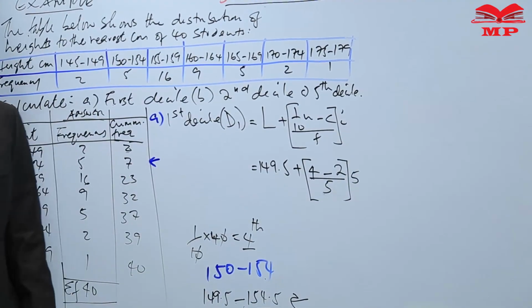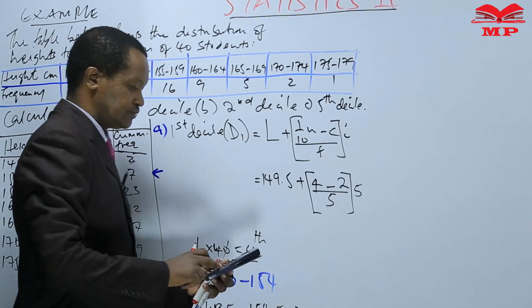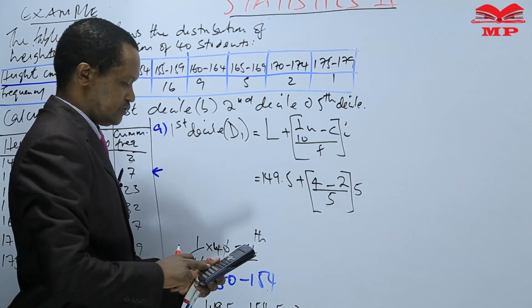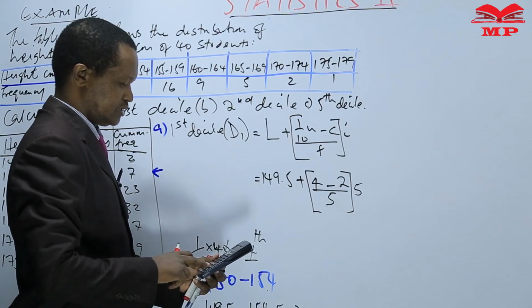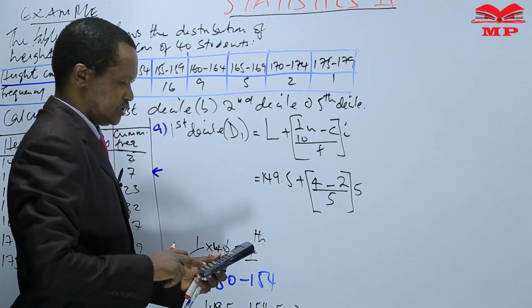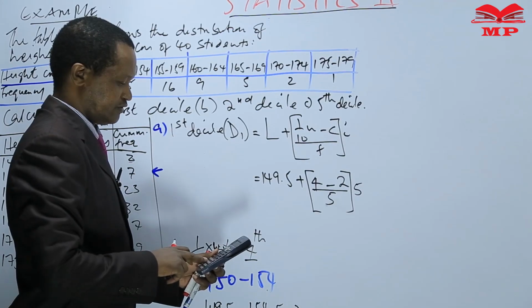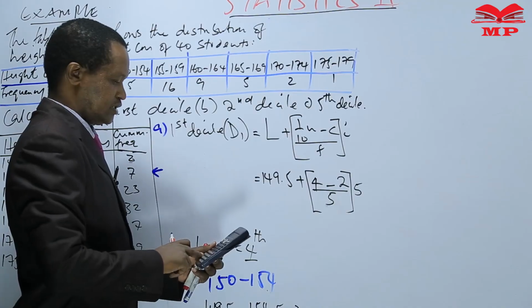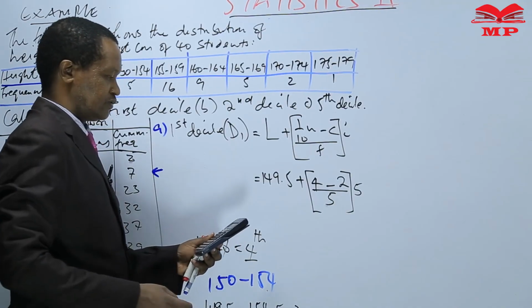I'll now take my machine and do the calculation. So I have 4 minus 2, divided by 5, times 5, plus 149.5.